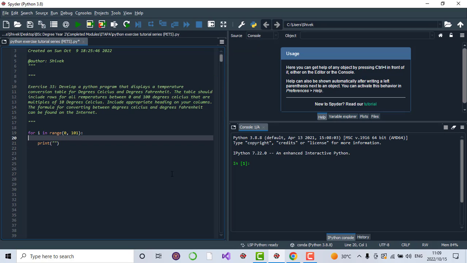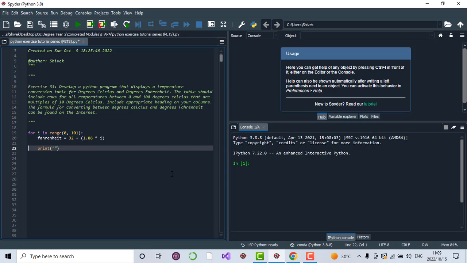Also, I should mention, I've looked online and to calculate the appropriate Fahrenheit degrees, the formula is basically such where you are going to add 32 after multiplying 1.8 by the Celsius.